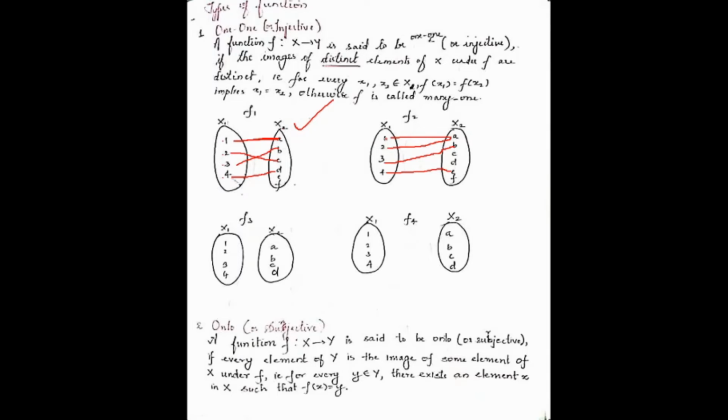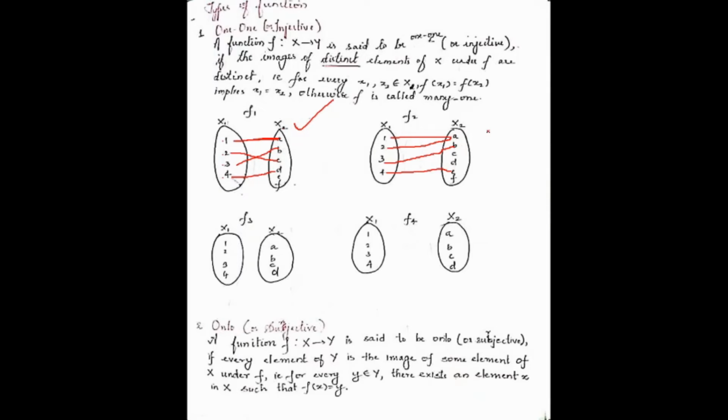Why? Because 1 is having a relation with image A, and 2 is also having the same image A. What our definition says is, it should have distinct image. Distinct elements should have distinct images. Here 1 and 2 have the same image, right?